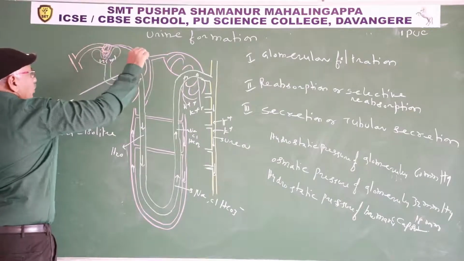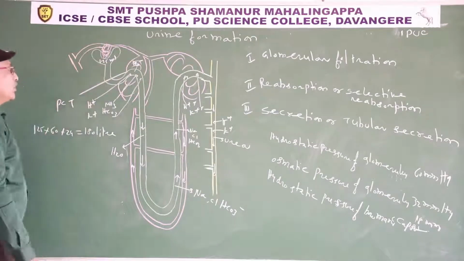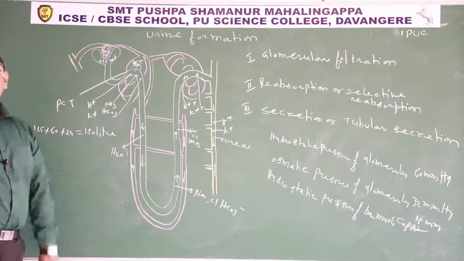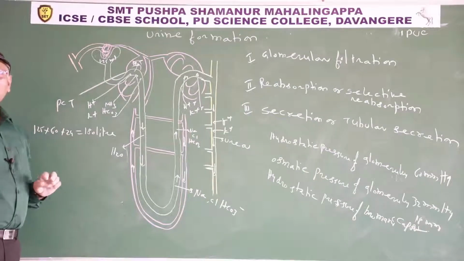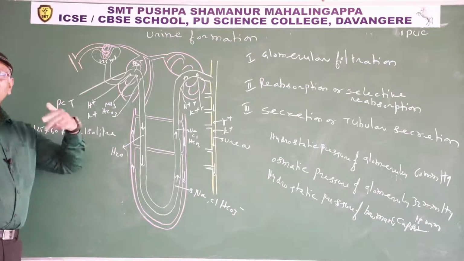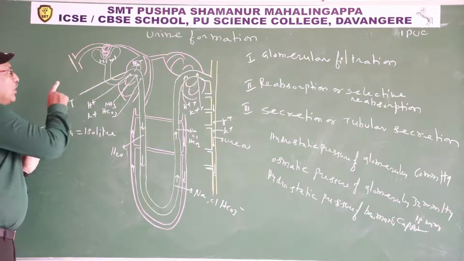During this process, some substances enter into the lumen, that is the glomerular filtration rate. So 125 ml of substances enter into the lumen of Bowman capsules of 20 lakh nephrons, not of 1 nephron.